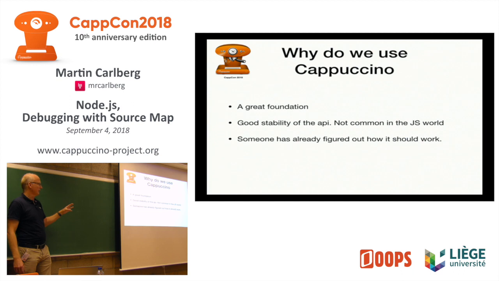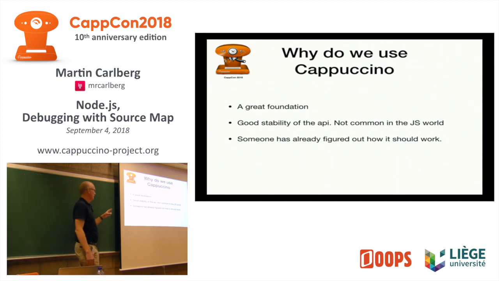And another thing that I think is great about Cappuccino is that we mimic the Cocoa frameworks that Apple has made and put a lot of effort into. There is a ton of people there working really, really hard to decide how it should work. You can think it's good or bad, it doesn't matter.